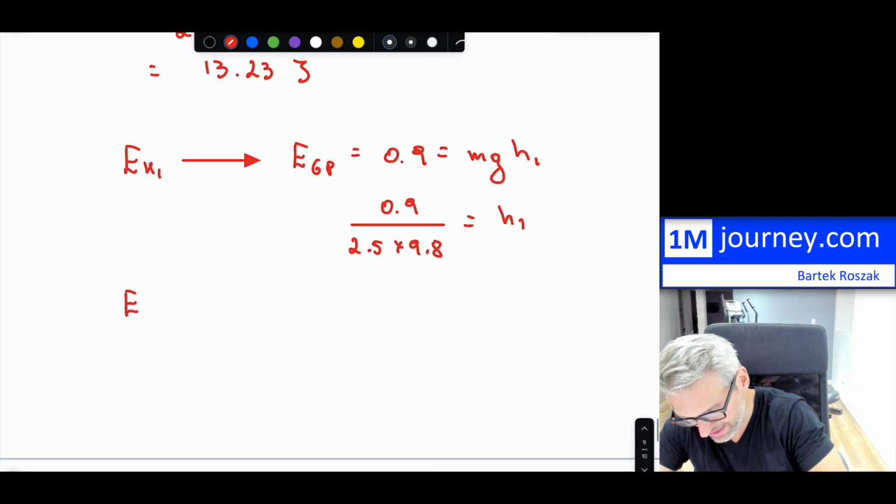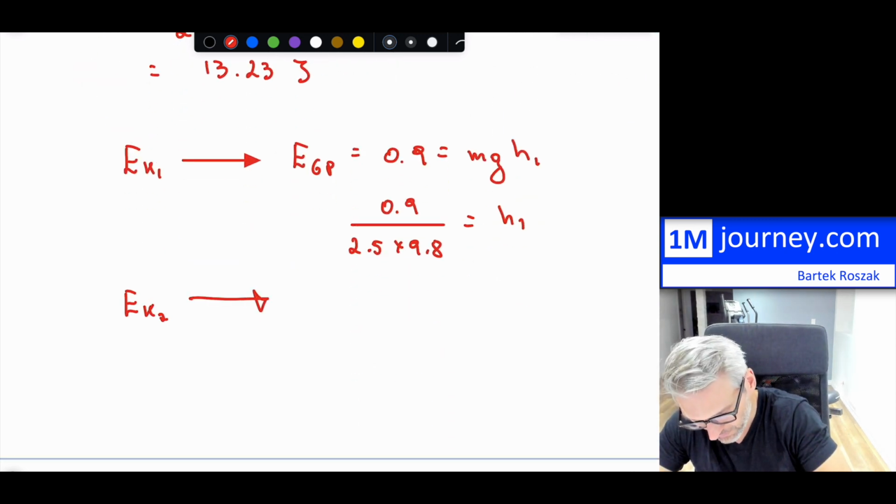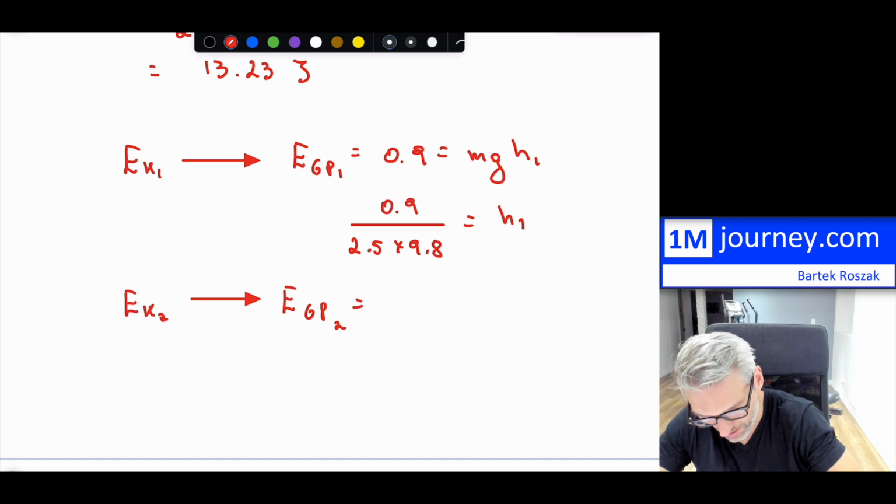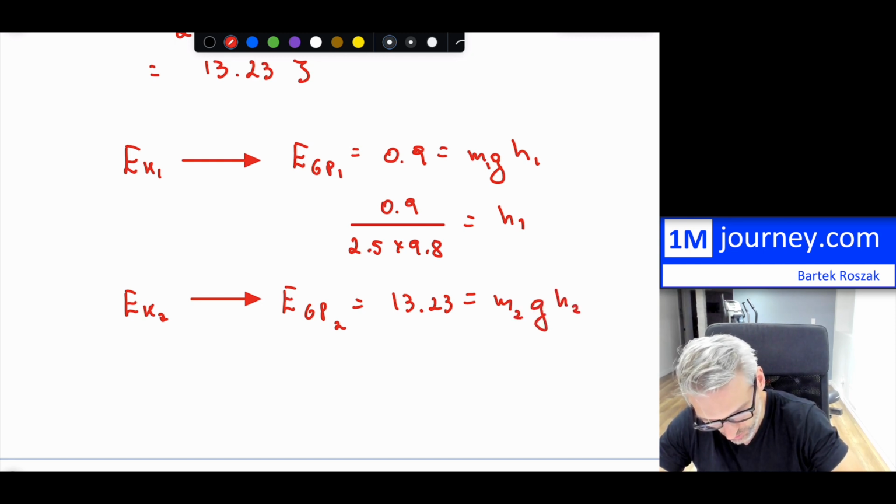And then here's the second height that you would have. And that's going to go into the gravitational potential energy of that second object. So you have 13.23. And again, this is going to be mass, so that's the mass of the first one. This is the mass of the second one times gravity times H2, which in other words means that H2 is 13.23 divided by 2.5 times 9.8.